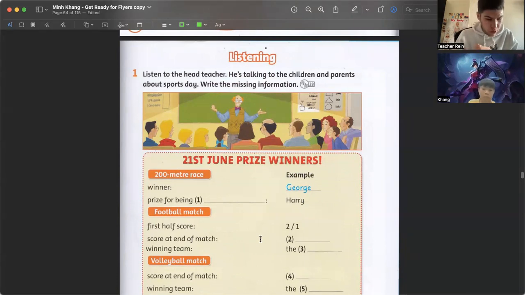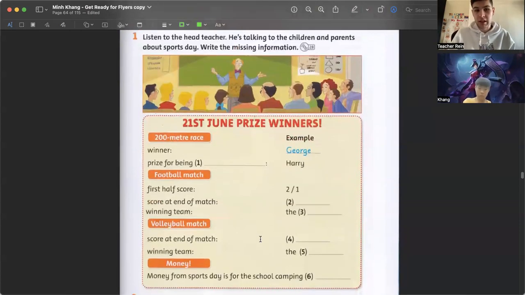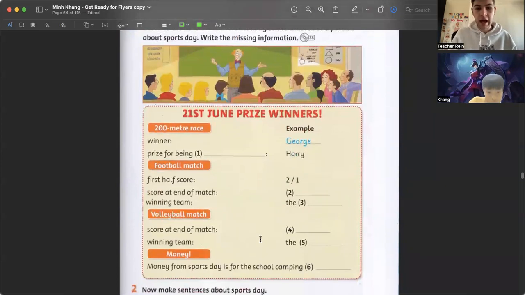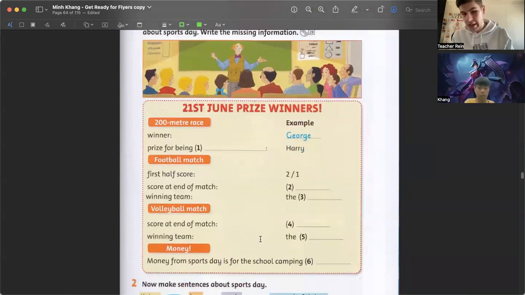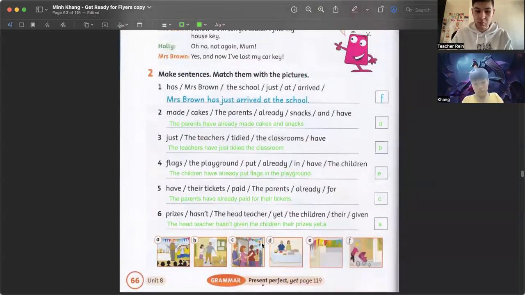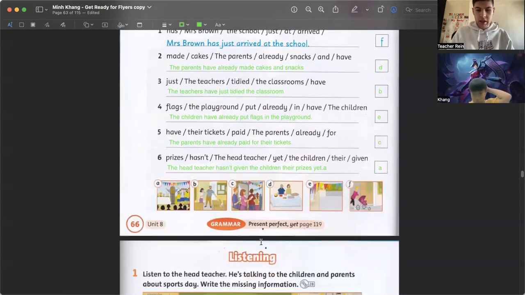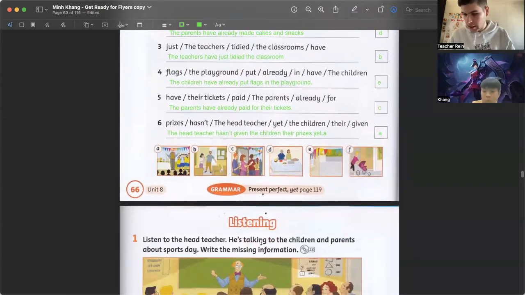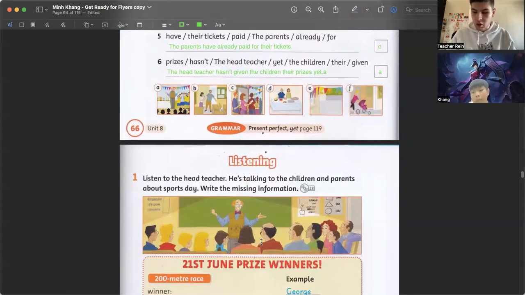Because it is about 2.5 minutes long, and they are talking to the children and the parents about the prizes. So I think we will continue with that on next week, Wednesday's lesson. Let me make a note about continuing with page 67, our listening, track number 28.